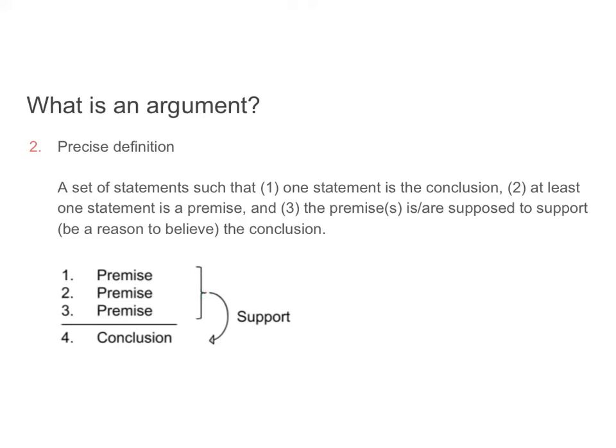So there are three parts here: reasons, evidence, premises; the conclusion, the main claim, the thesis; and there is a support relationship. Any definition of argument for this class, like if you Google it or if you're using other textbooks or comparing, the essential piece of the definition is that arguments are made up of statements, so all the premises and conclusion are statements, and that there is a support relationship between them.